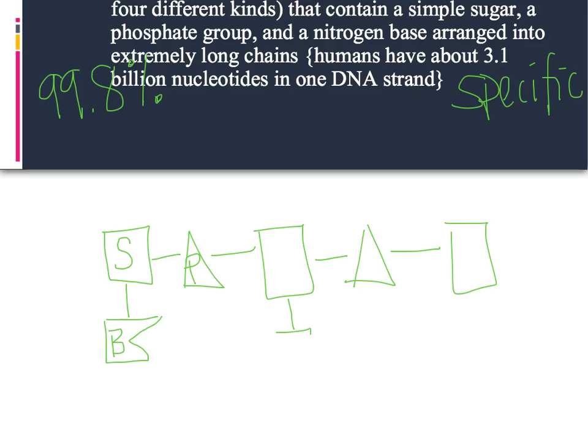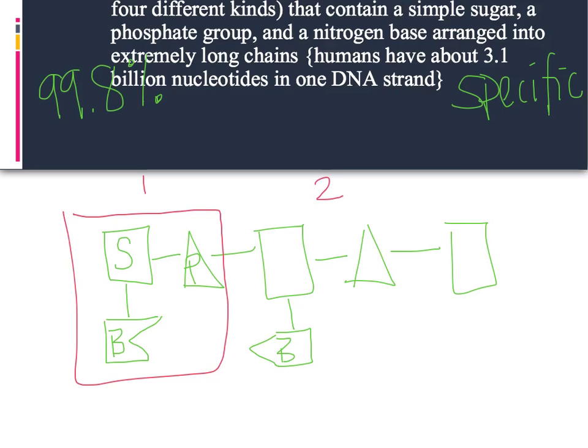Maybe this base will be shaped like that. So these 3 parts together just repeat. If you look at my pattern here, we've got one sugar, phosphate, base, then another sugar, phosphate, base, and then this is the start of a third sugar, phosphate, base. Maybe this base will be shaped like this.